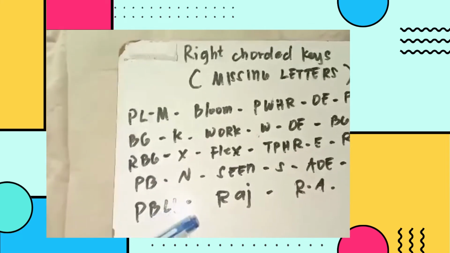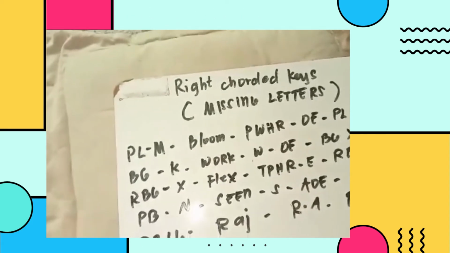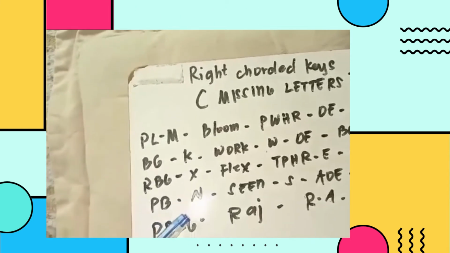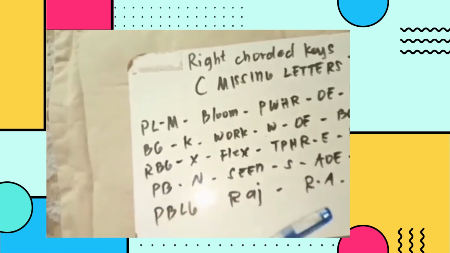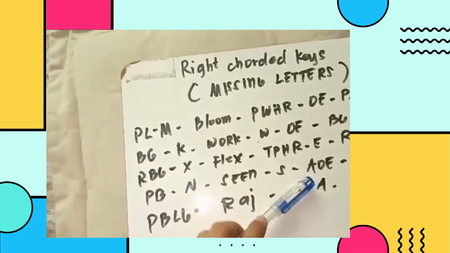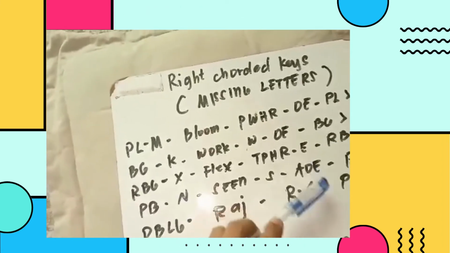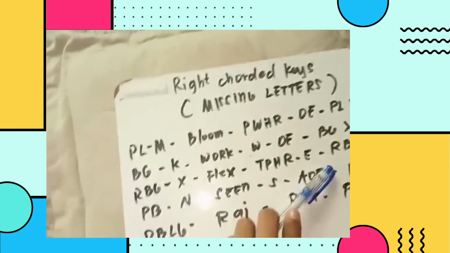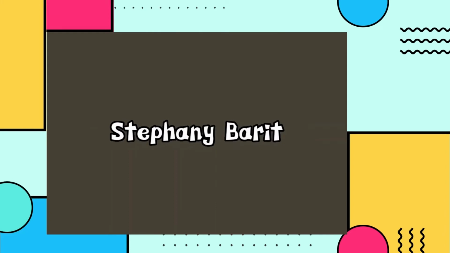So the whole big initial letter X and letter TPHR, and vowel letter E, and ending RPG and release. And lastly, we have Stephanie Barrett.